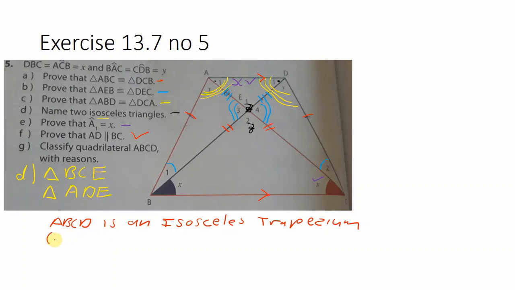So in terms of reasoning, we know that we have AD parallel to BC and AB equals DC. So we have one pair of parallel sides, and we also have another pair of equal sides.